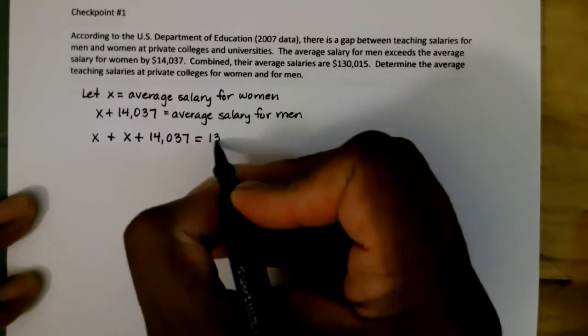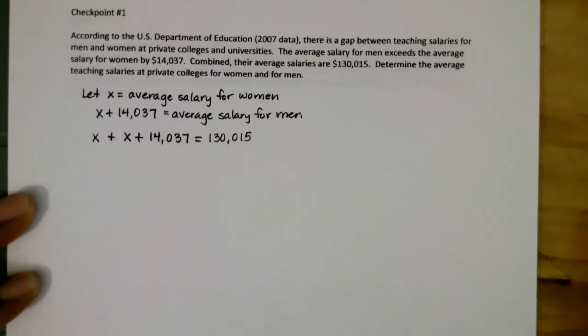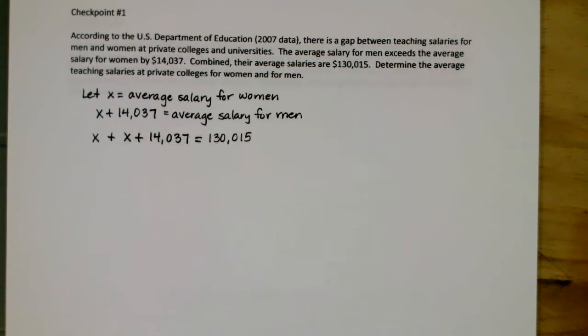That will be equal to the combined amount, $130,015. So this is our equation that will help us find the average teaching salaries at private colleges for women and for men. So we're looking for two things here.